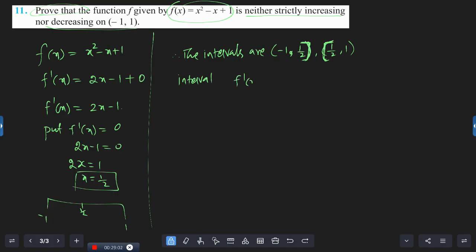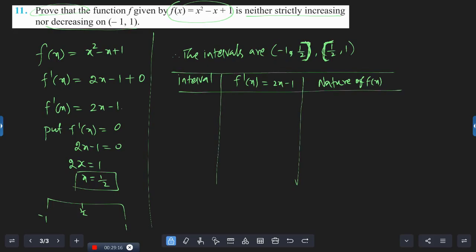Next f dash of x. What do we have? 2x minus 1. Then nature of f of x, that we'll see. Suppose if you are giving an open interval also, not an issue, that is also correct. So minus 1 comma 1 by 2, and 1 by 2 comma 1.